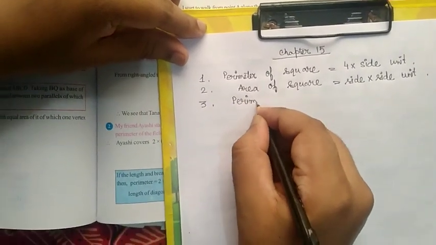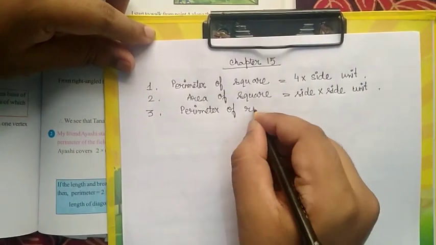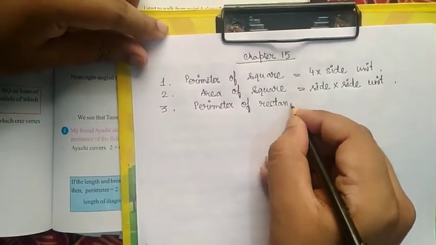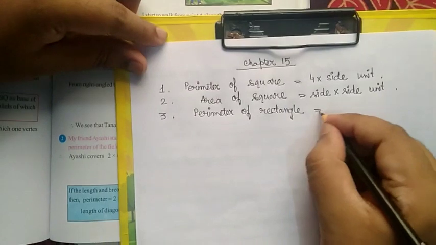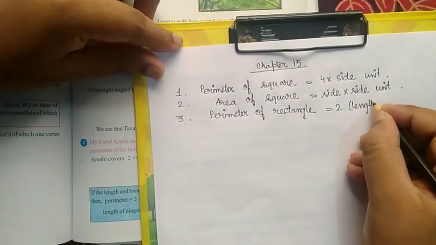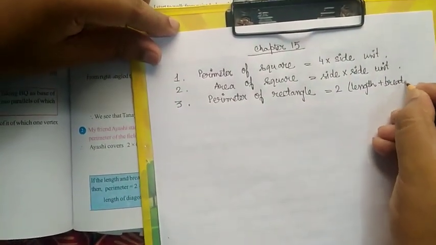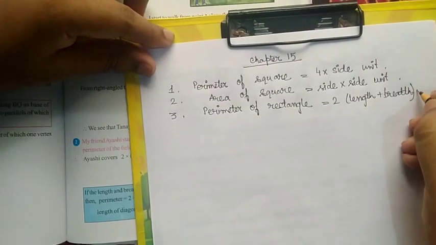Perimeter of rectangle: 2 into length plus breadth unit.